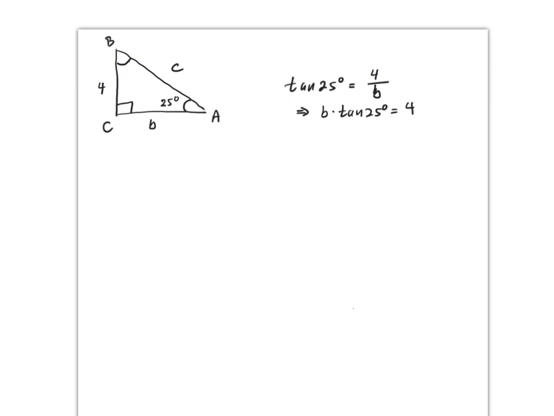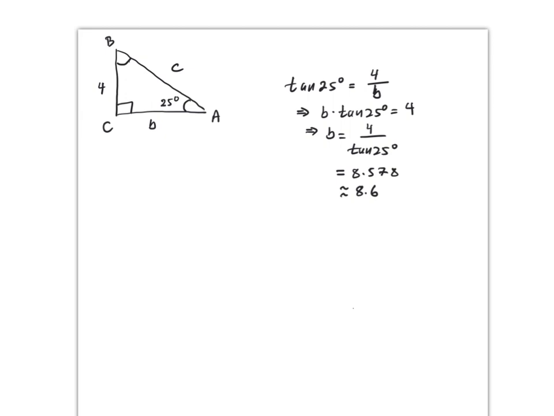Then B will be 4 over tangent of 25 degrees, which is around 8.578. If you round to one decimal place, this will be 8.6.